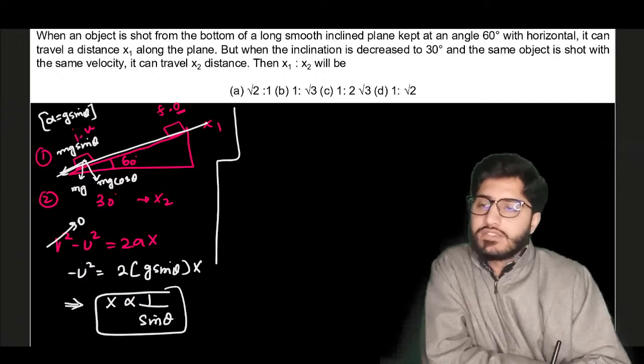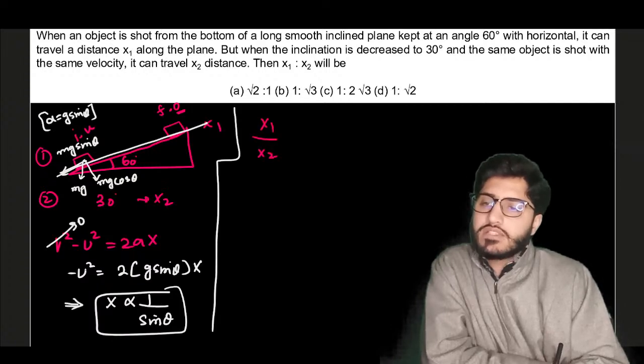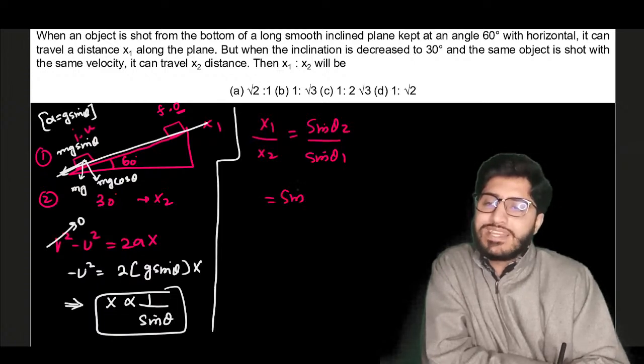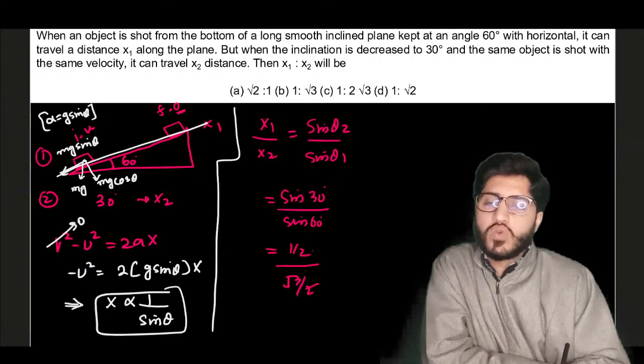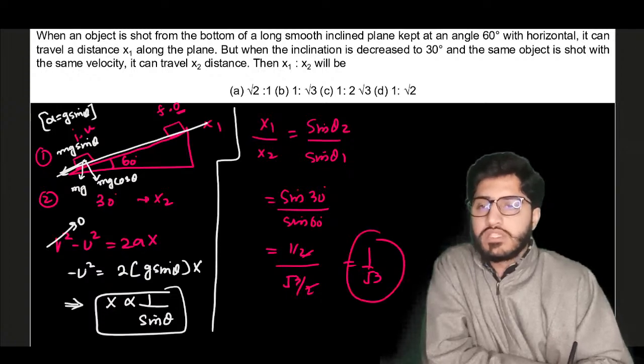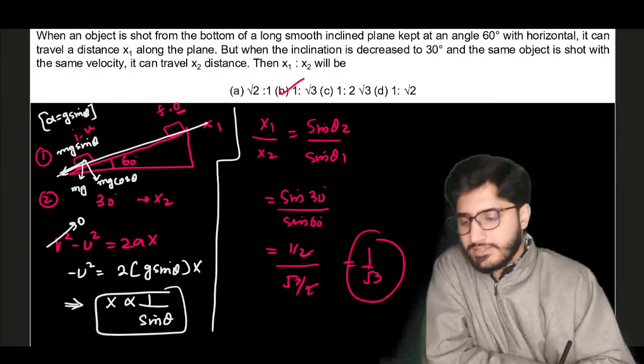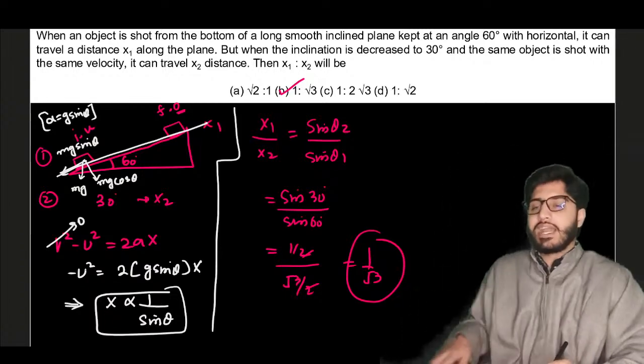So by this, can I write now that x1 divided by x2 came out to be sin theta 2 by sin theta 1? Yes, sir. So sin theta 2 is sin 30 degree divided by sin 60. And how much is sin 30? I guess 1 by 2. Sin 60 is root 3 by 2. 2 to cancel out. My answer is 1 by root 3. I guess 1 by root 3 is my correct option. Option number B. Yes. Now option number B is correct.